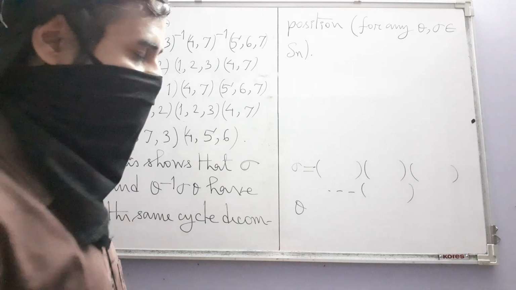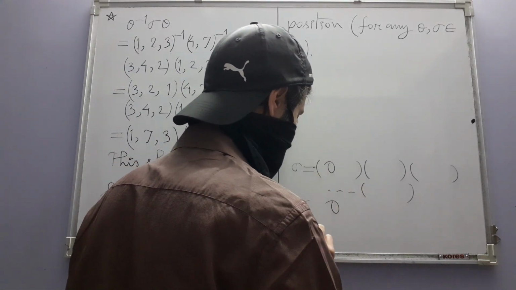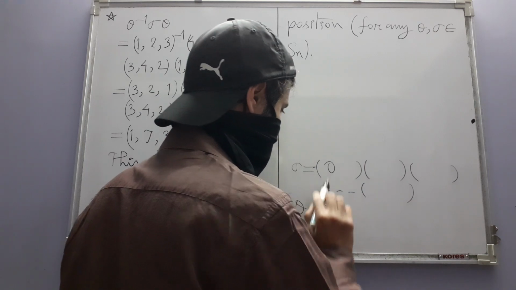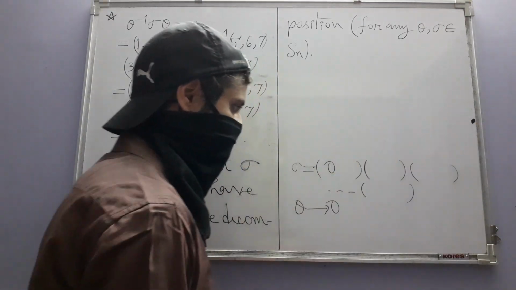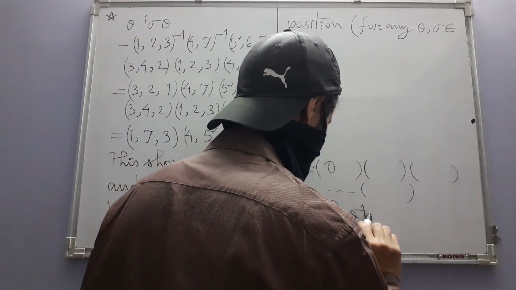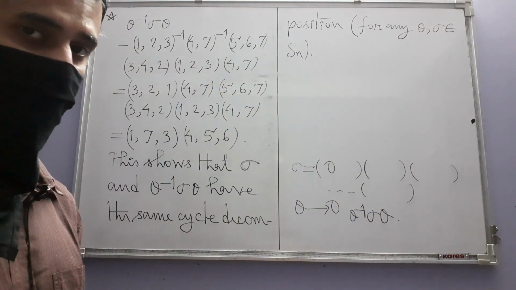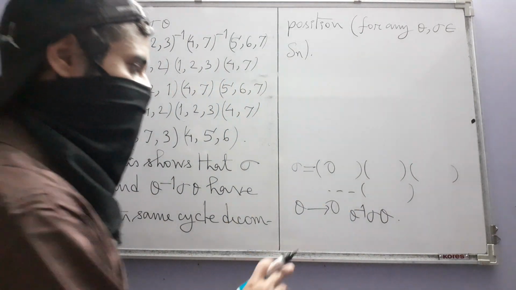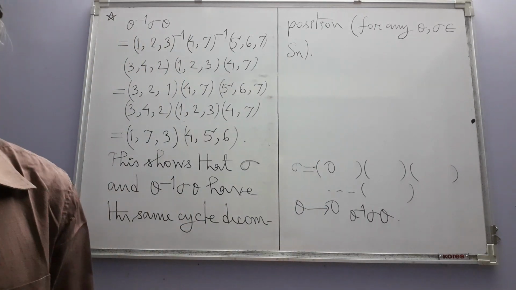Then you replace that symbol with the symbol where theta takes us. And you change all such symbols. That will give you theta inverse sigma theta. But the cycle decomposition does not change. The lengths stay the same. That's why we can write this final conclusion.